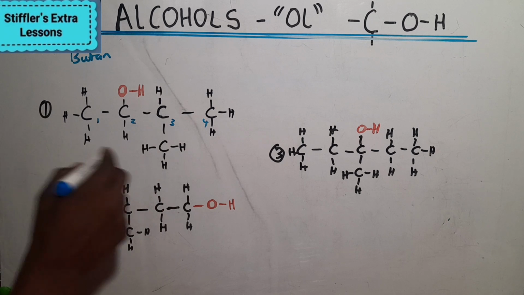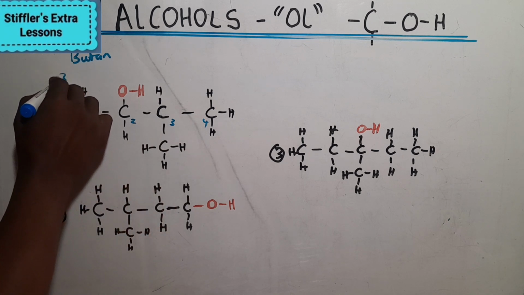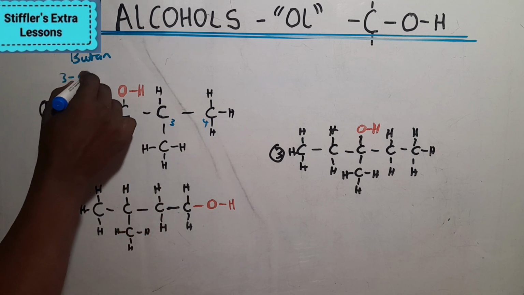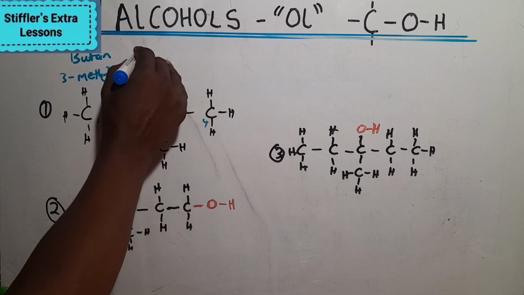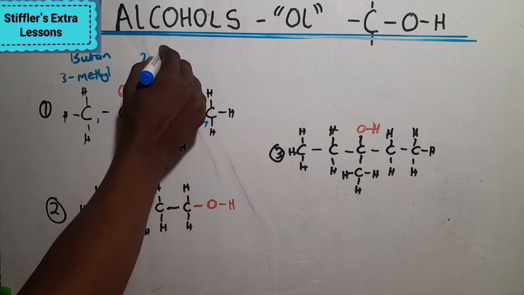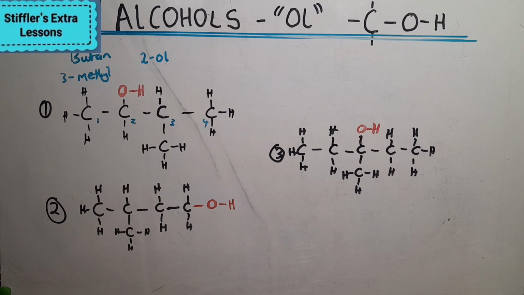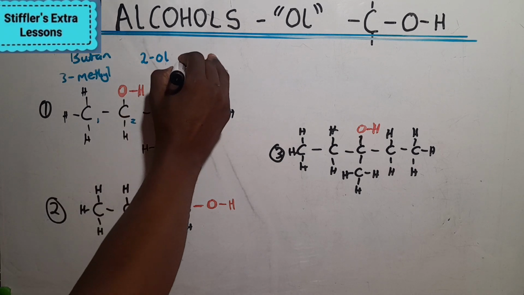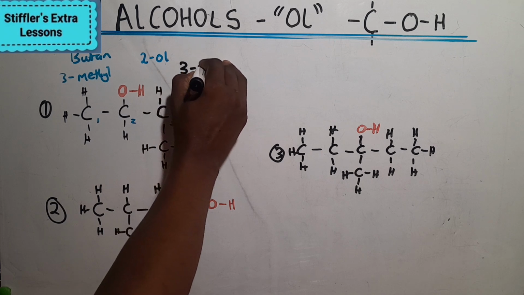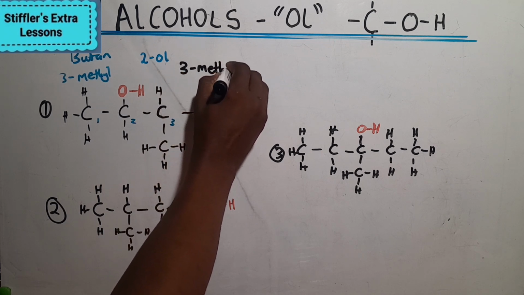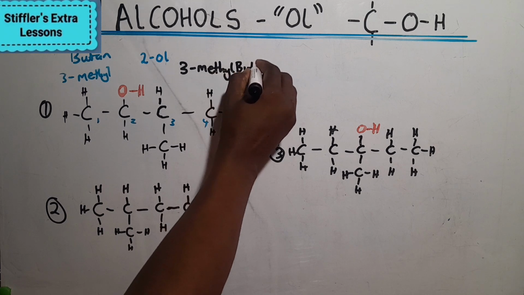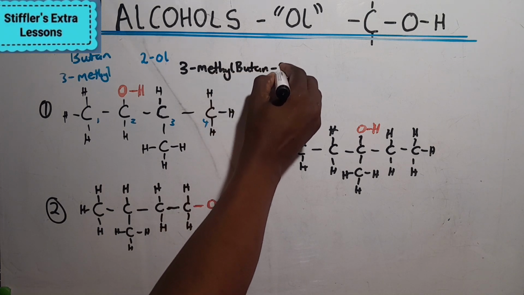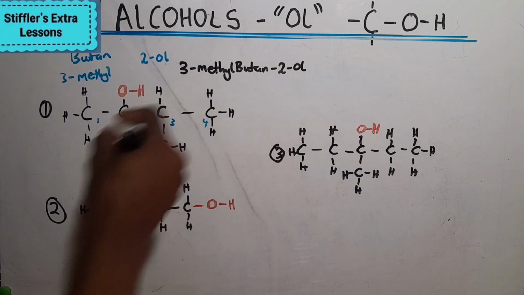On carbon number 3, we have a methyl group, and on carbon number 2, we have the ol, right? So putting this together, we first name the branch. So the branch will be 3-methyl, and then the parent name, butane, and then on carbon number 2, we have the ol.